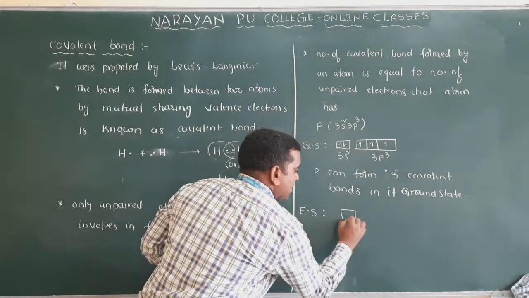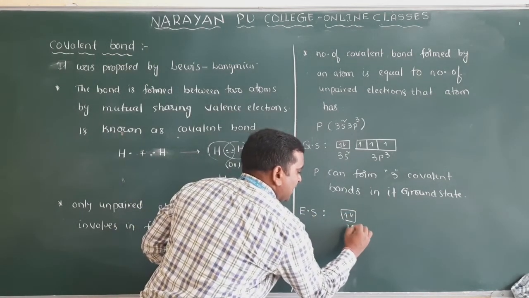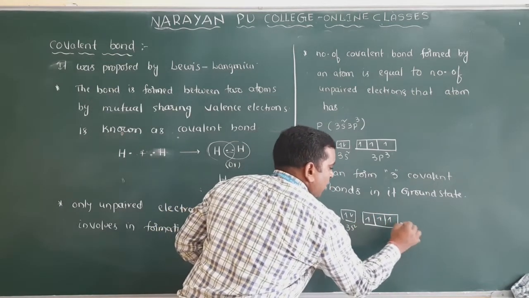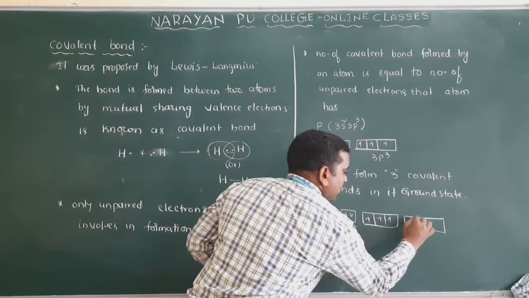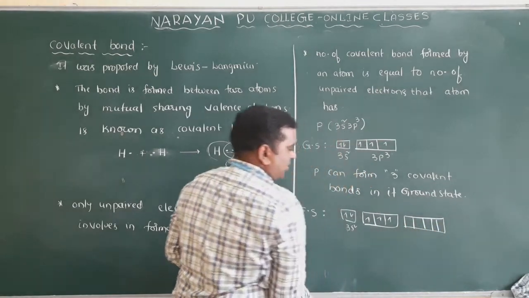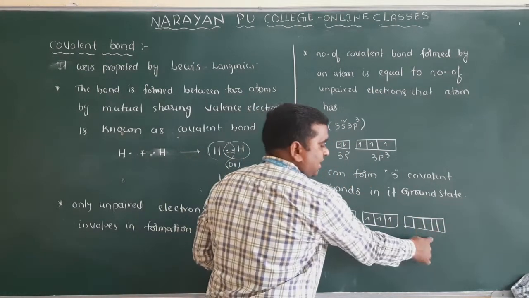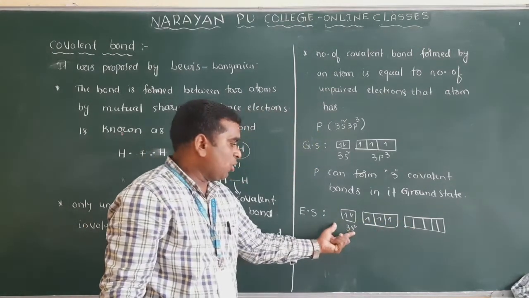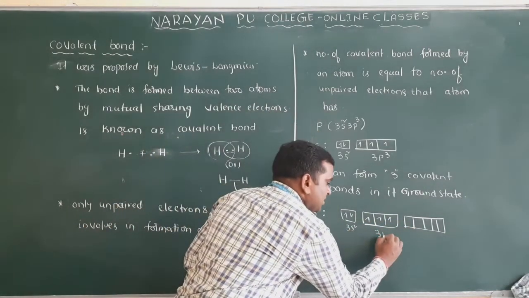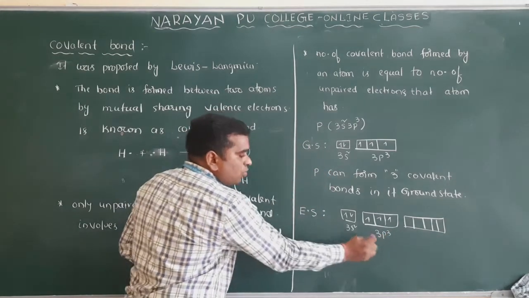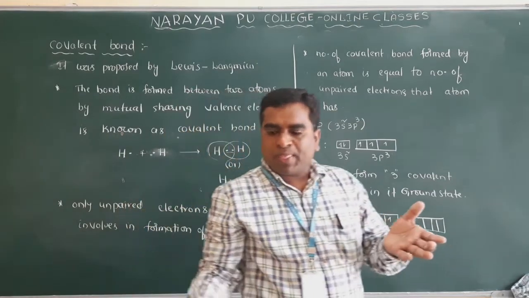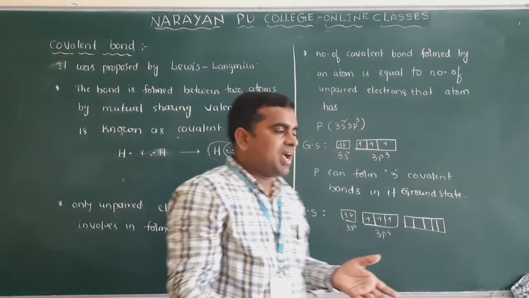Now I will write 3s2, 3p3, and next comes 3d. Which orbital comes after 3p? 3d. The d orbital has 5 orbitals, the p orbital 3, the s orbital 1. When it is in the ground state, this is the electronic configuration. Excited state means you have to supply some energy to the atom.